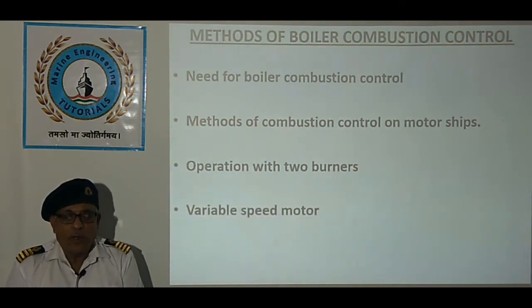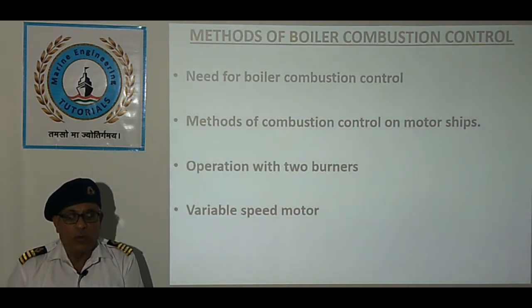An electric motor driven by variable frequency drive can operate both forced draft fan and oil pump so that steady pressure can be maintained by varying the quantity of air and fuel.